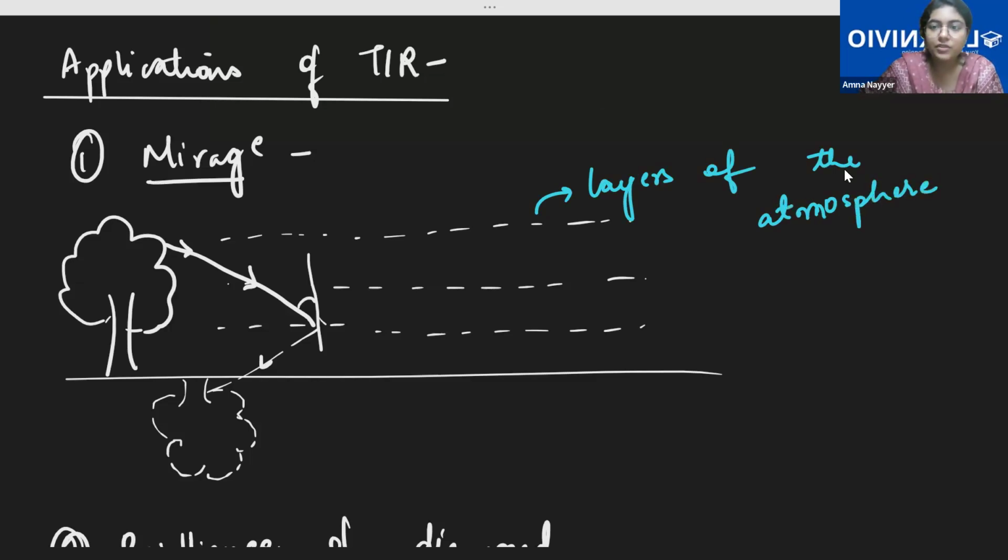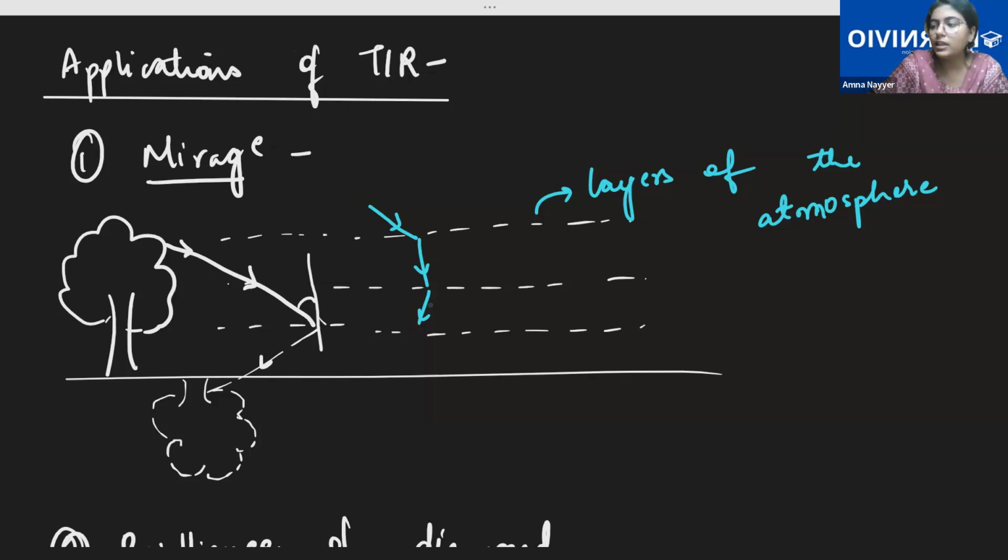So layers of the atmosphere act as relatively denser and rarer with respect to each other, though everything is air, but we are focusing on the layers of air. So the rays get refracted, and finally a point comes when total internal reflection occurs.